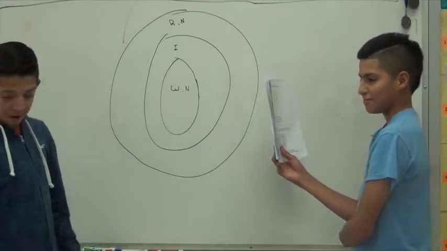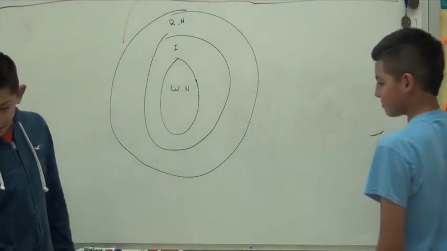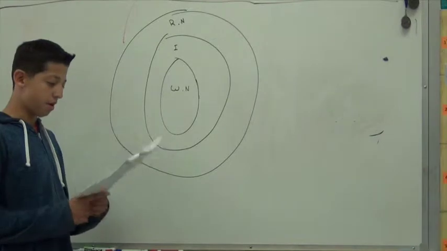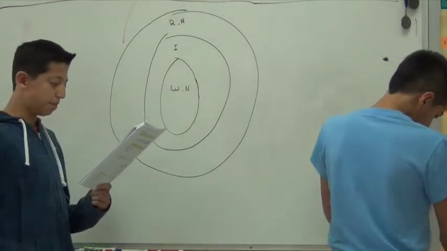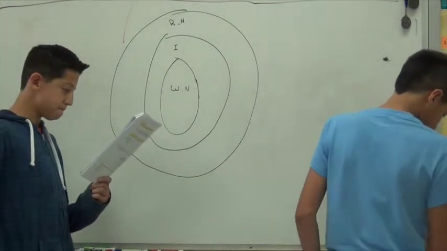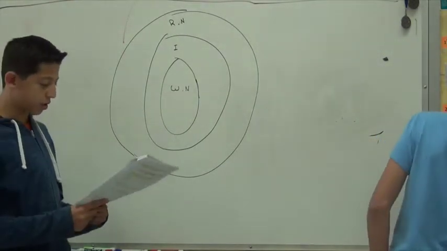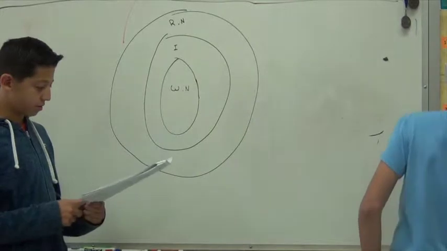Okay. So it's not number A because it's not a whole number. And it's not B because rational numbers are decimals.